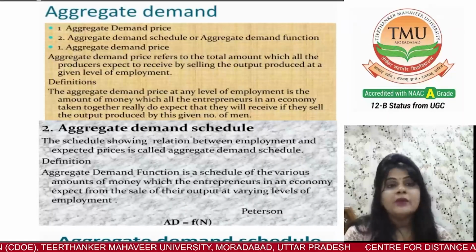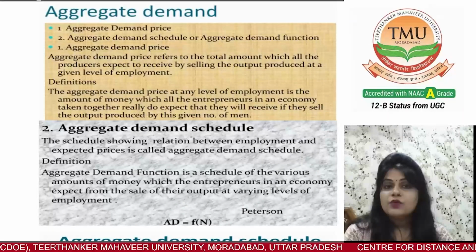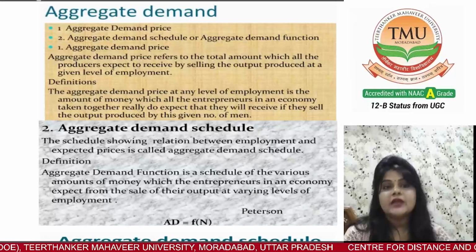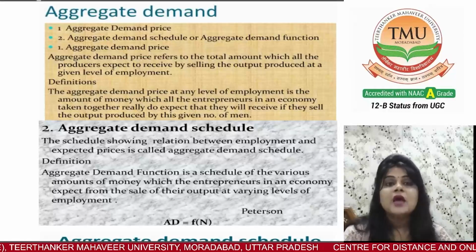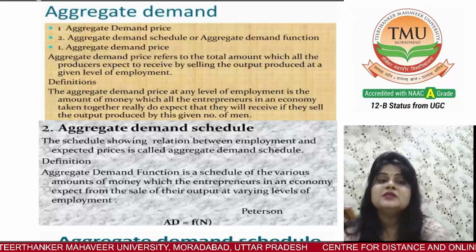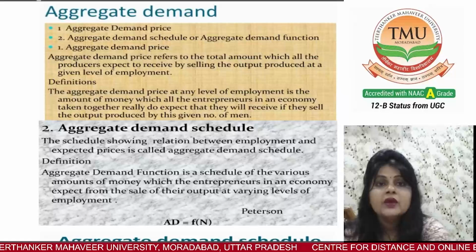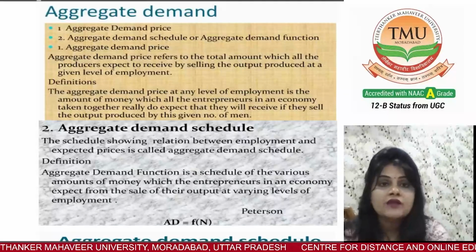Each level of employment is associated with a particular aggregate supply price, and there are different aggregate demand prices for different levels of employment. So, let us also discuss the definitions.